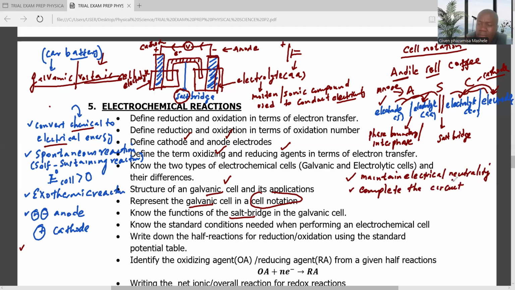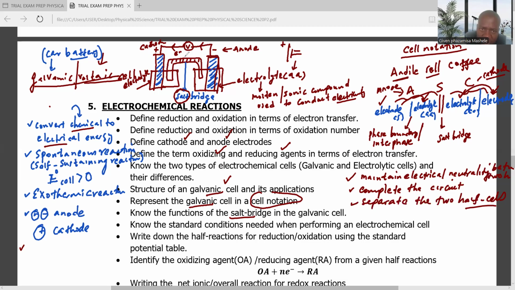It completes the circuit, and it maintains electrical neutrality between the two half cells. We can also say it separates the two half cells by maintaining electrical neutrality. So these are the functions of the salt bridge.